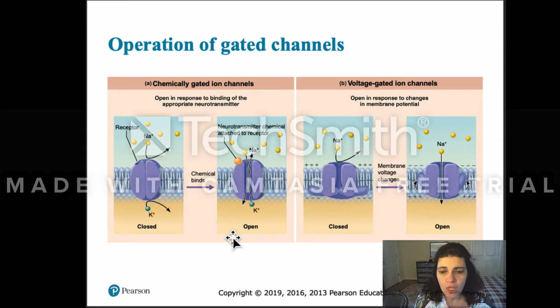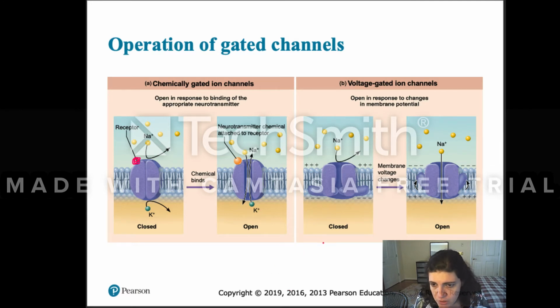So how these gates operate, like I just told you, right? One depends on a receptor. I found my pen. So the receptor will bind here, and then when that gate opens, sodium is going to be able to go in, and potassium is going to be able to go out.